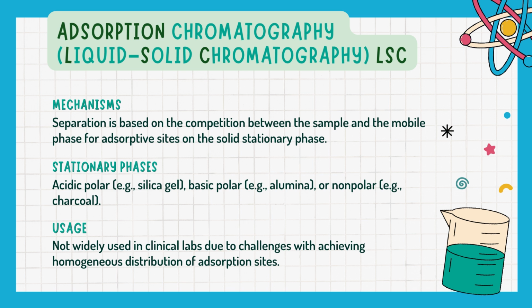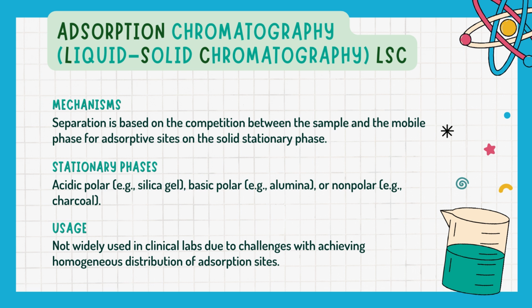For adsorption chromatography, liquid to solid chromatography or LSC, this is a type of chromatography where the separation of compounds is based on their adsorption onto a solid stationary phase.